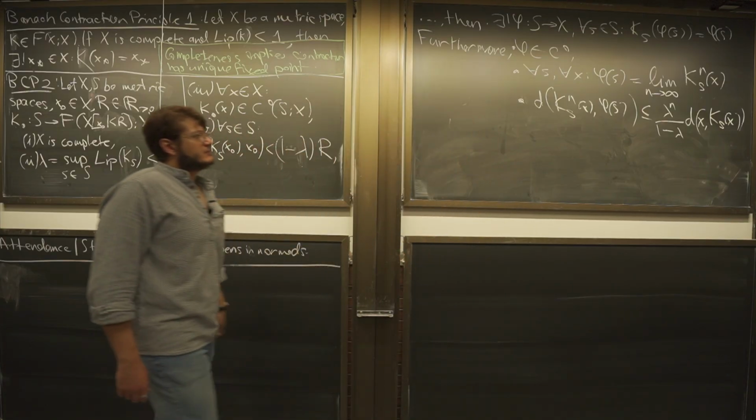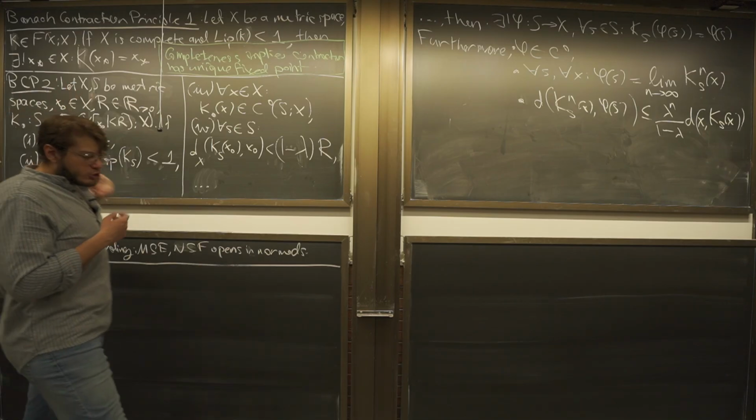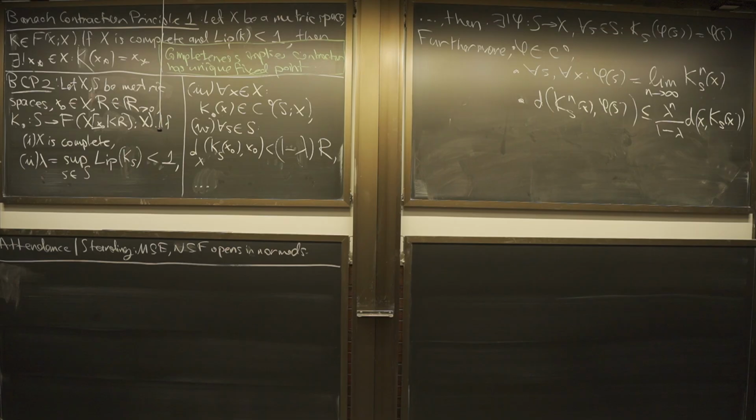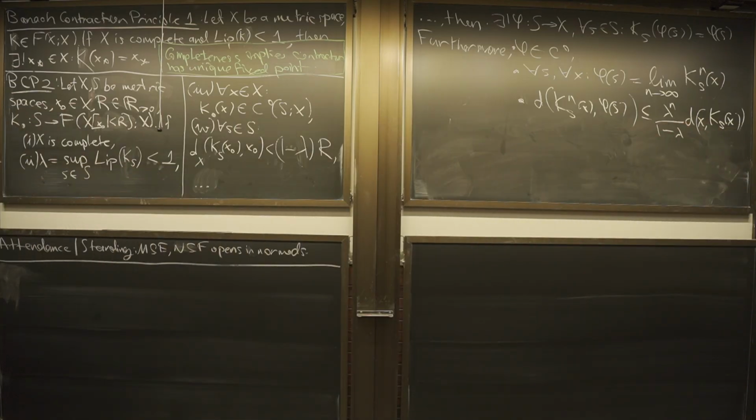What does this mean, ultimately? Again, the summary is that in a complete metric space, you have unique fixed points for contractions. And furthermore, the unique fixed point depends continuously on the function. That's how we can keep this in mind.